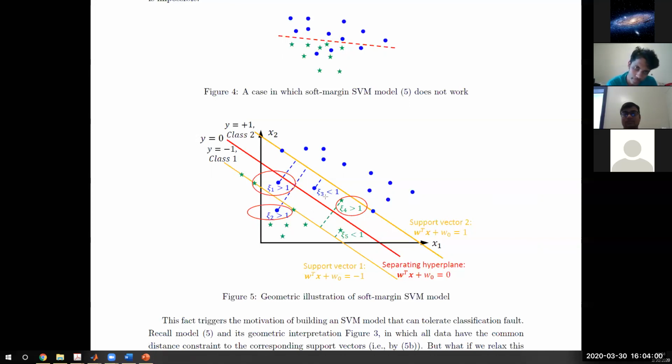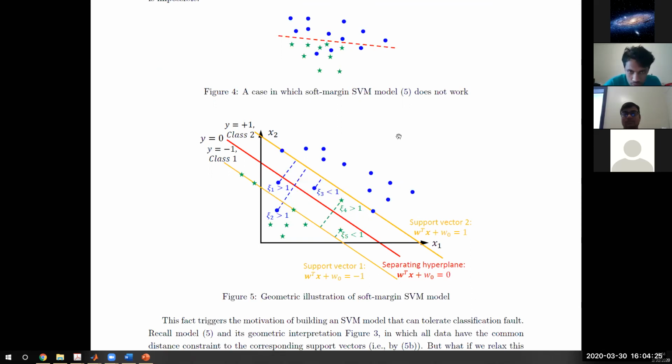So 1 minus Kasi 3 is greater than 0, but less than 1, right? So you have that yi times f(xi) is greater than 0. So yes, it's still going to be on the correct side. Okay, very good. Any other questions? This is a very good question, by the way.